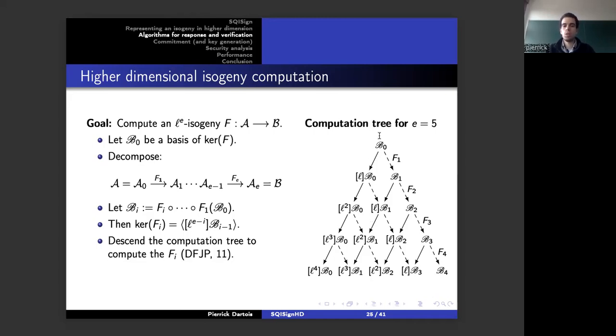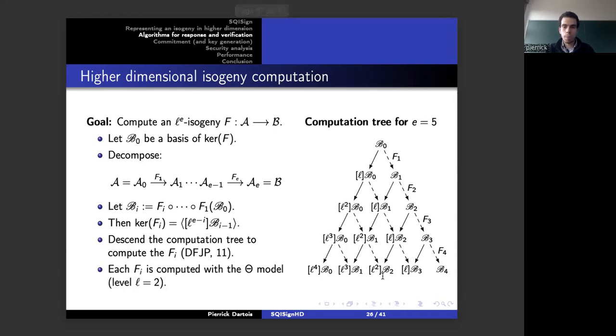And so we just need an optimal strategy to descend this tree with as few multiplications by L or isogeny evaluations as possible. And we get a complexity of E log E arithmetic operations or isogeny evaluations.